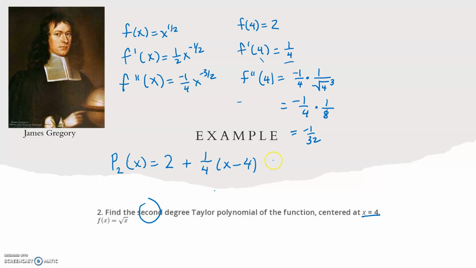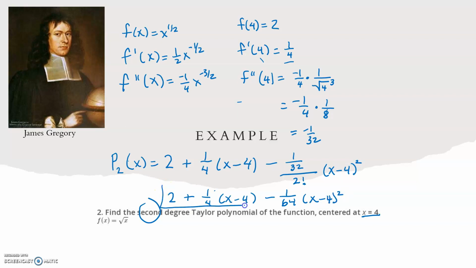And now I'm going to do minus 1/32 divided by 2 factorial, and then x minus 4 squared. 2 factorial is just 2, so my polynomial winds up being 2 plus 1/4 (x minus 4) minus 1/64 (x minus 4) squared.